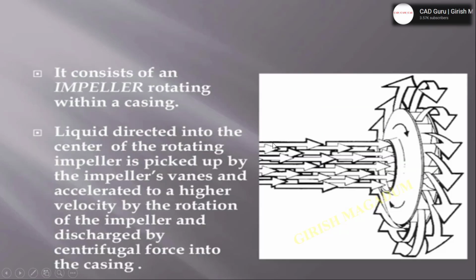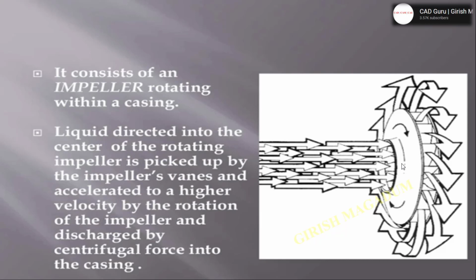As I said, it consists of an impeller rotating within the casing. These are the impellers and the vanes. What exactly happens is the liquid is directed into this center. The impeller picks up all the fluids with respect to the vanes, and with these rotating components, the shaft rotation accelerates the impeller to a higher velocity.